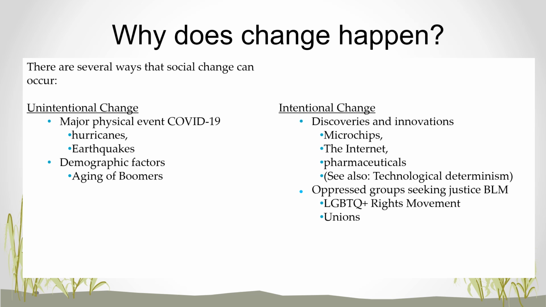Intentional changes then are things like discoveries and inventions, right? Microchips are a really great example there. The advent of computing using what we consider modern computer technology, as opposed to vacuum tubes, was huge.